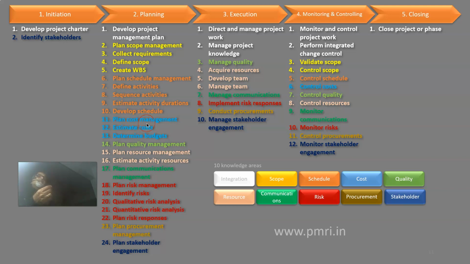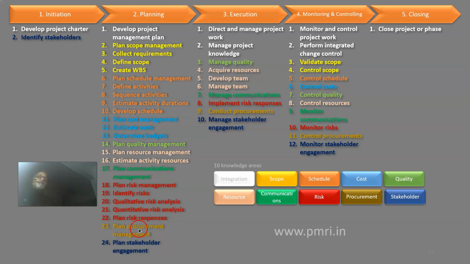Then we get into planning of cost management, then estimate costs, determine budgets, plan for quality management, and plan for resource management, and estimate activity resources, plan communications management, plan risk management, identify the risk, qualitative risk analysis, and then quantitative risk analysis, and then plan risk responses.